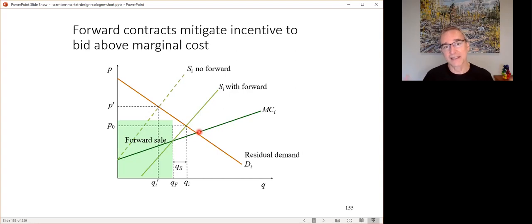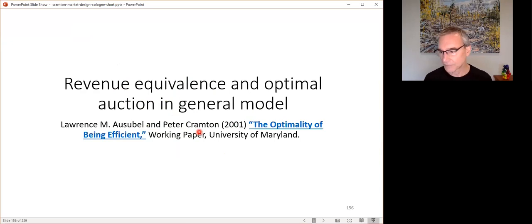And that's very nice because it mitigates market power in the instances where the markets are most apt to fail because of market power. So we won't have time to talk about that.